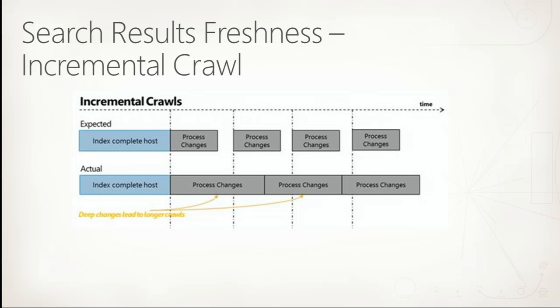So this is what you can see in this picture. The expected behavior is on the top line. You start a full crawl, it picks up the changes and finishes, and you start the next incremental crawl, it picks up the changes, finishes, et cetera. So this is what you expected. But in reality, you got something else.